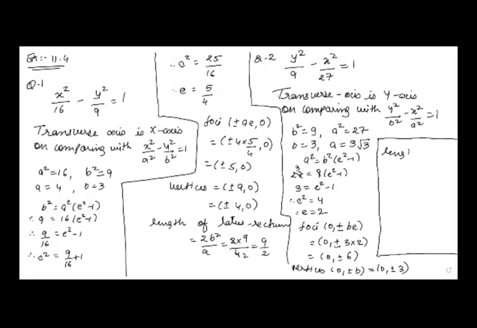So length of latus rectum is 2a square by b, right? So 2 into the value of a square is 27, right? And the value of b is 3. So 3 into 9 is 9, 9 into 2 is 18. Therefore, the length of latus rectum is 18.